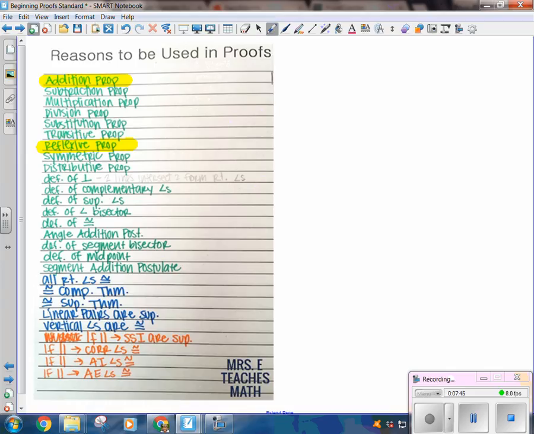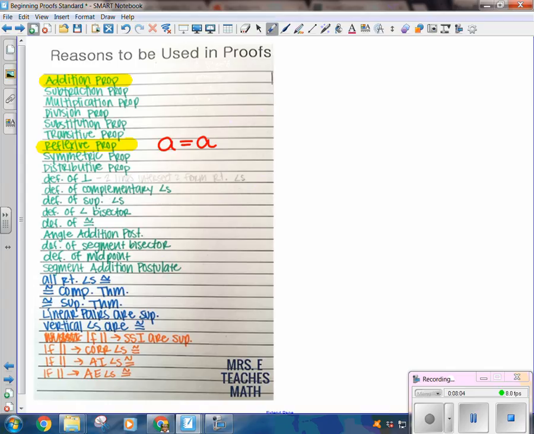The reflexive property is when something is equal to itself. Okay, for example, the letter A is equal to, guess what? The letter A itself. The word reflexive comes from the idea of reflection. If I look in the mirror, my reflection looks exactly like me.